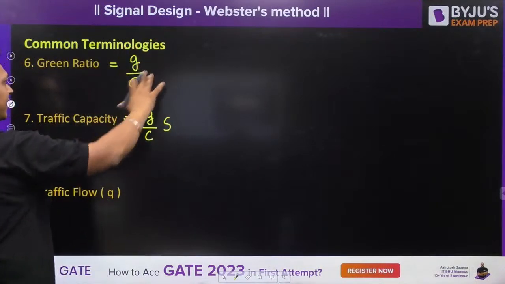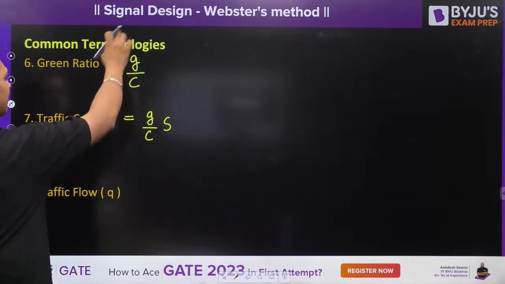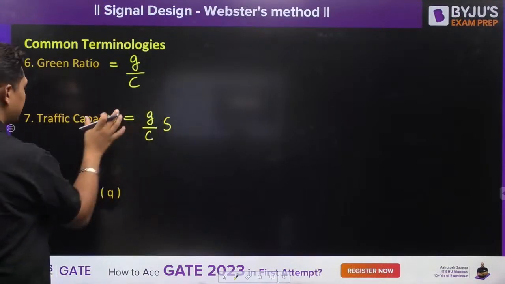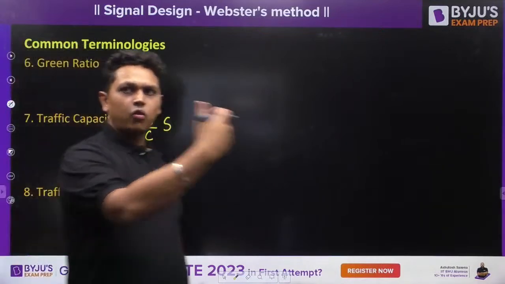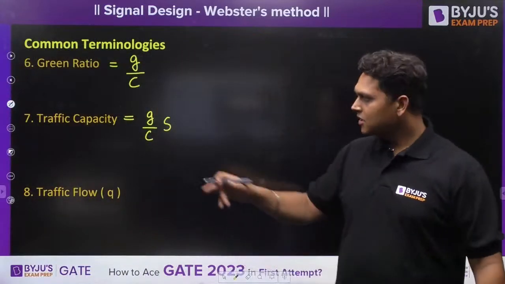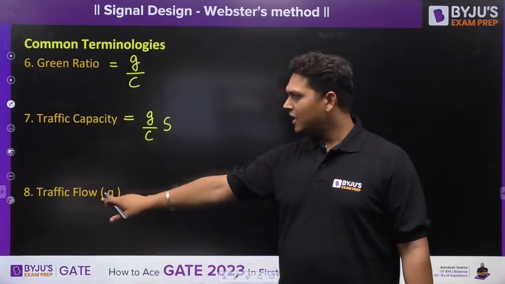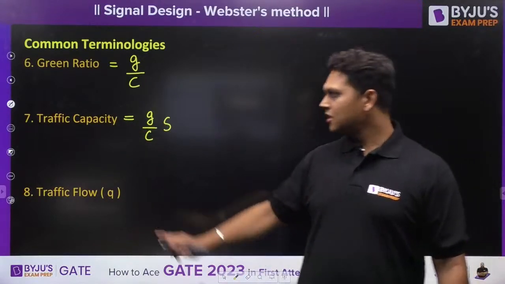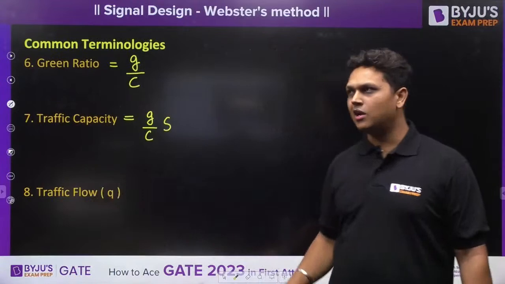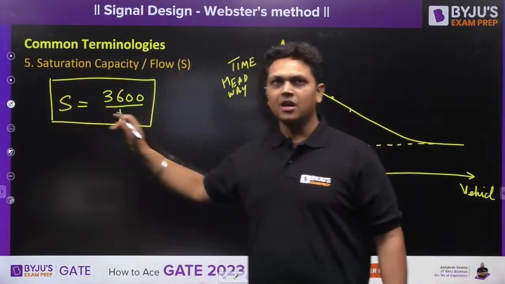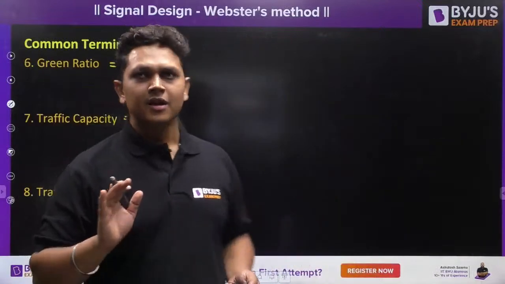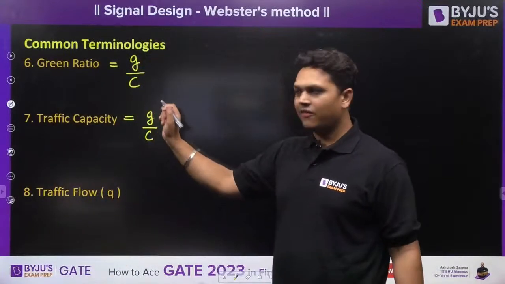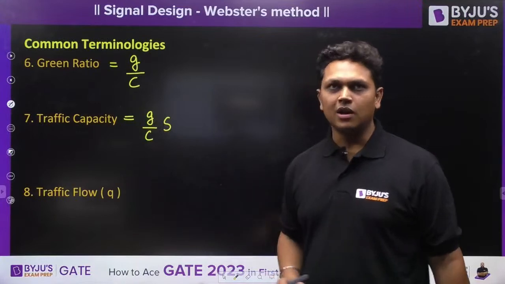Green ratio is the effective green time of the cycle length available for the movement, and multiplied by saturation capacity it gives your traffic capacity. Traffic flow is the actual traffic flowing at that intersection. This is the maximum capacity and this is the actual value. The saturation capacity does not take into consideration any restrictions, while this takes into consideration the effective green time.